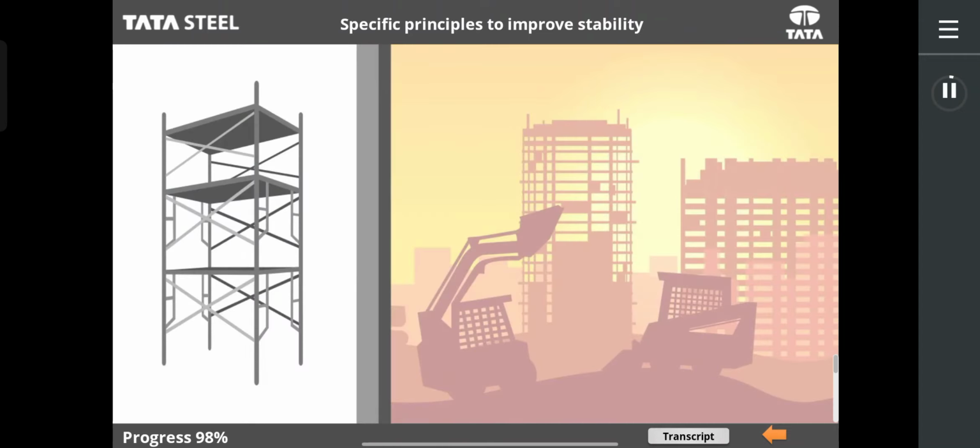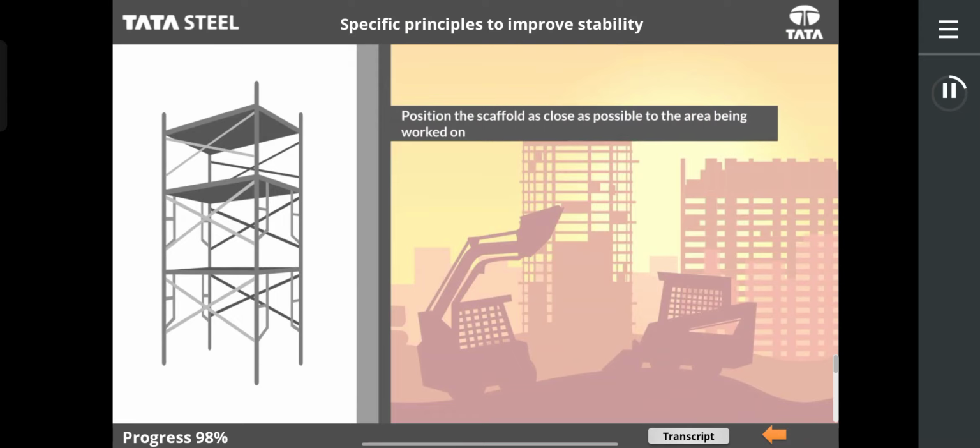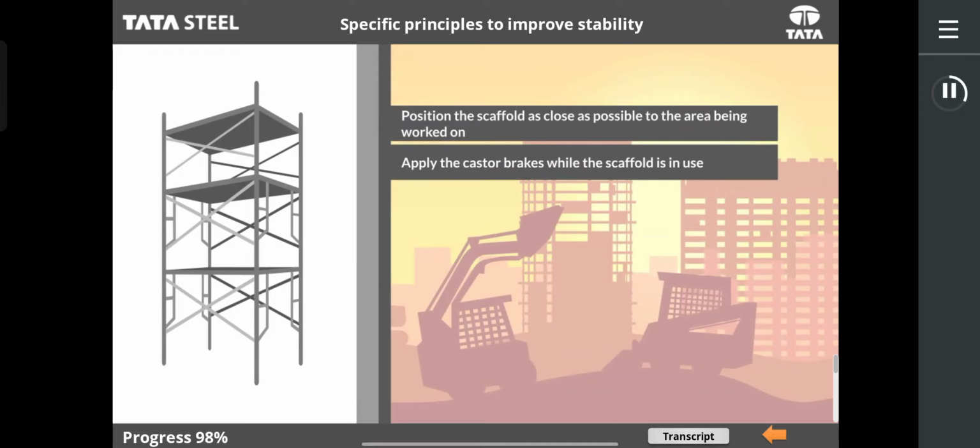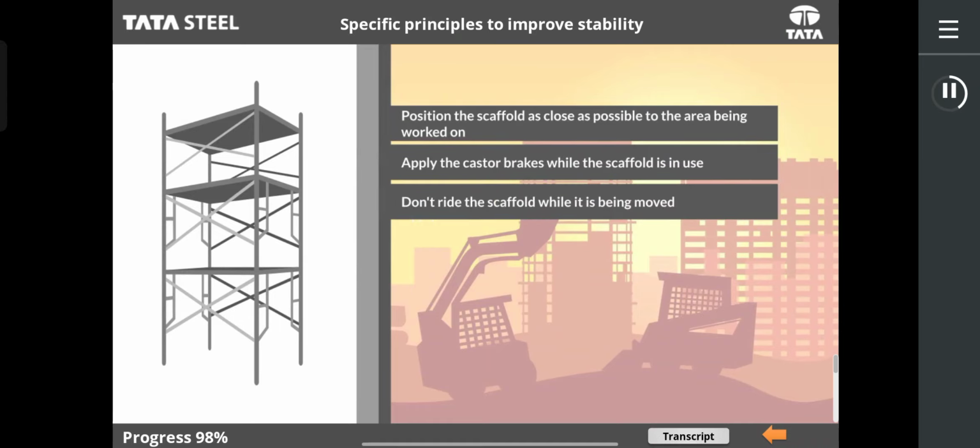Next, let us look at some specific precautions to improve stability which apply to mobile scaffolds. Position the scaffold as close as possible to the area being worked on. Apply the caster brakes while the scaffold is in use. Don't ride the scaffold while it is being moved.